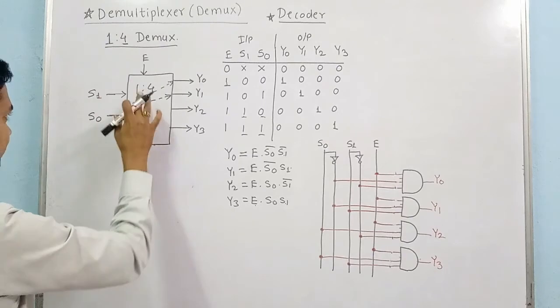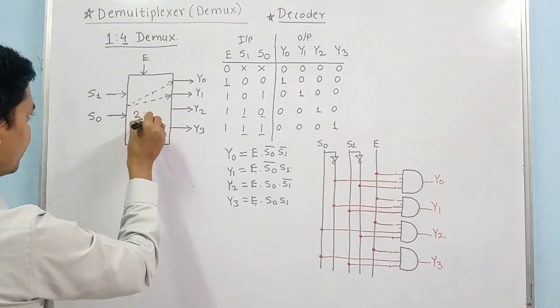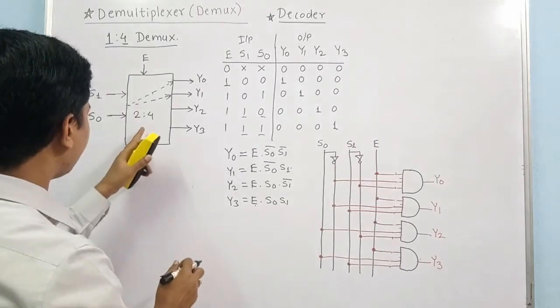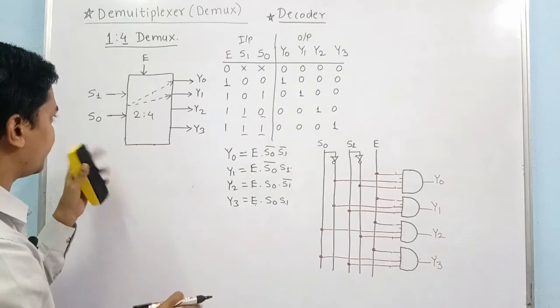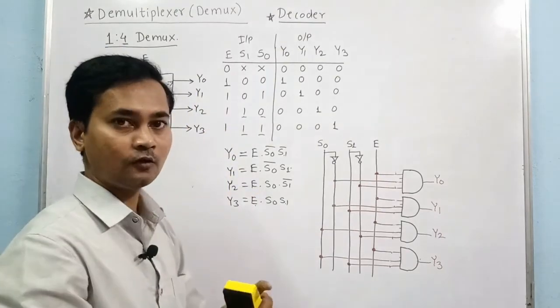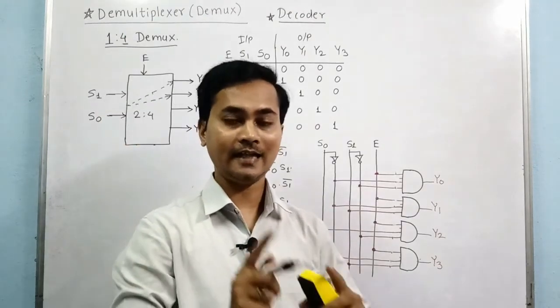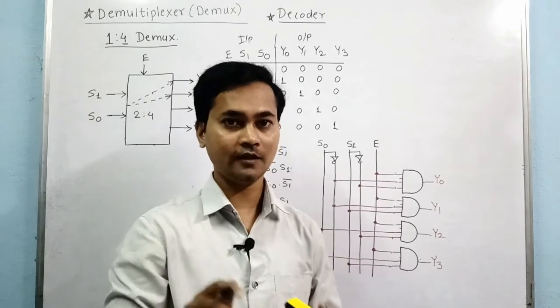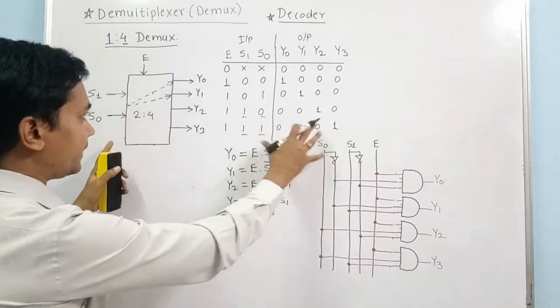So this is the decoder, and the name will change to 2:4 decoder, because instead of a separate input line, the select lines are there. The select lines decide which output line must go high. That's why the 2:4 decoder is implemented likewise.